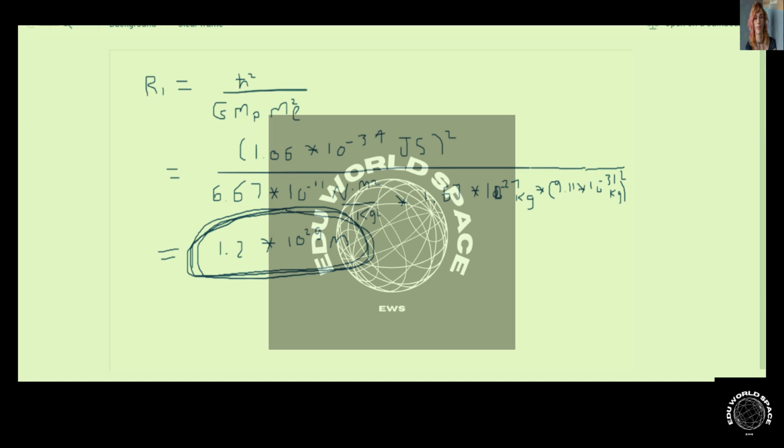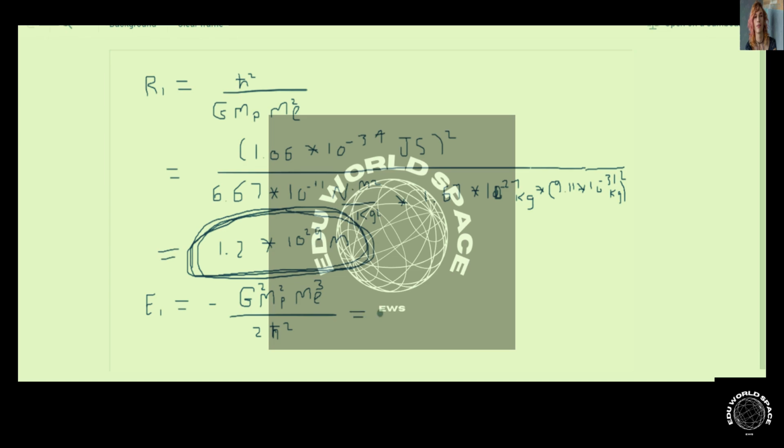And for the energy, we will have the following. E1 is just minus G square m_p square m_e cube over 2 h bar square.